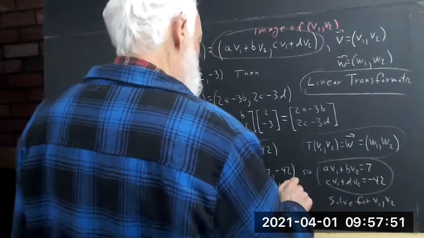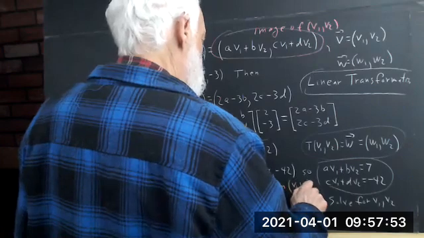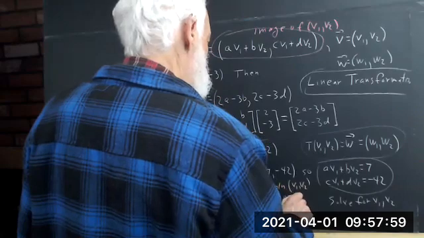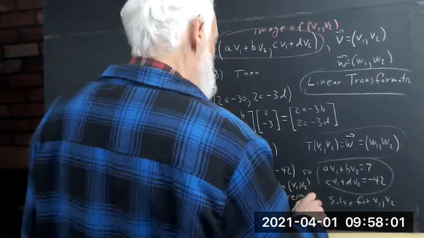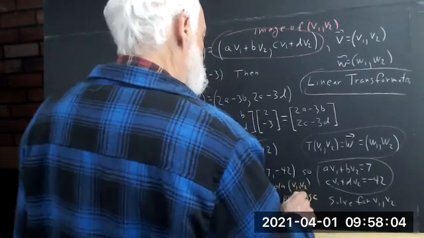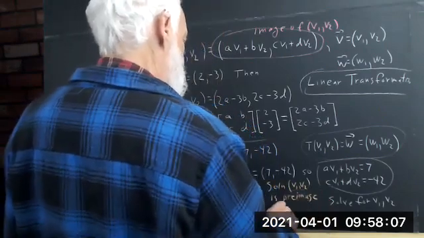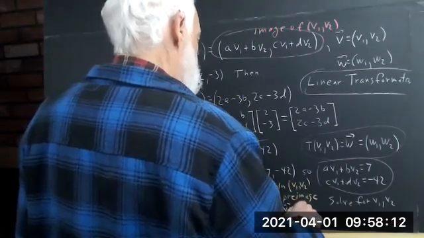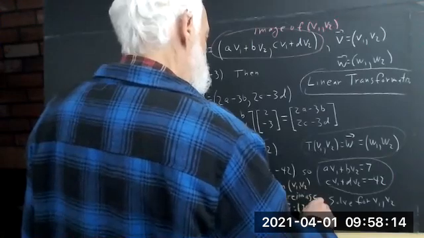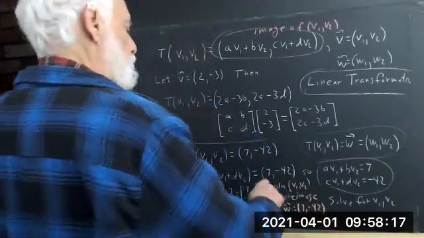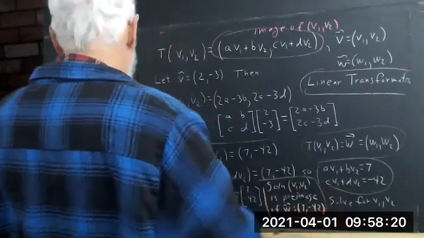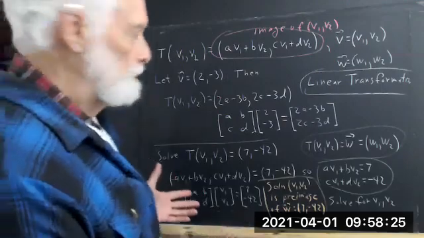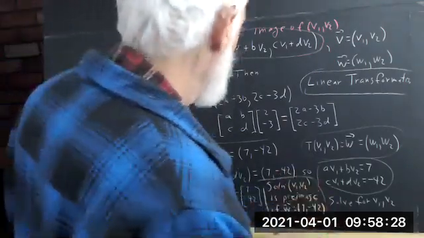Our solution v1, v2 is the preimage of w equals 7, -42. So we have image and preimage, and that's what we want to look at.